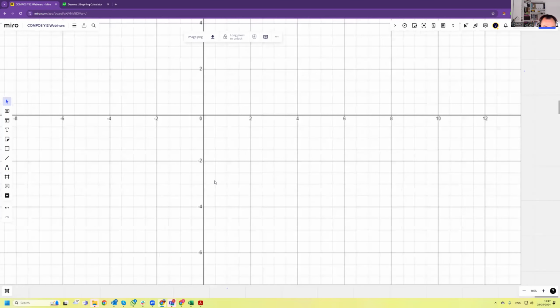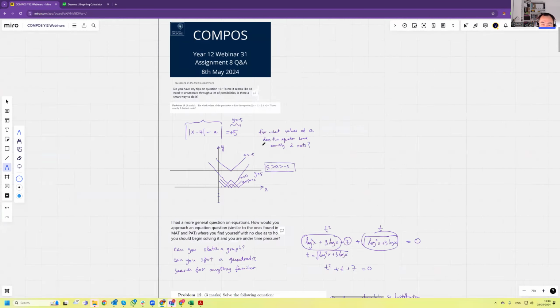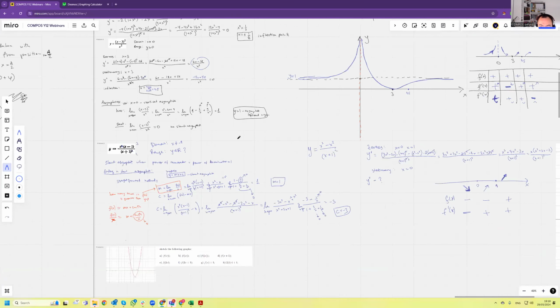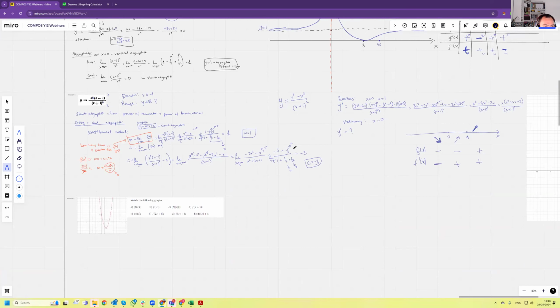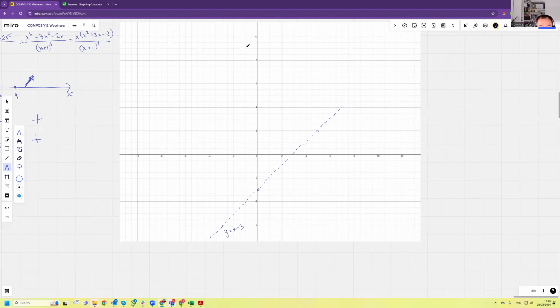So y equals x minus 3 is an asymptote. Then x equals minus 1 is an asymptote. X equals minus 1 is an asymptote.